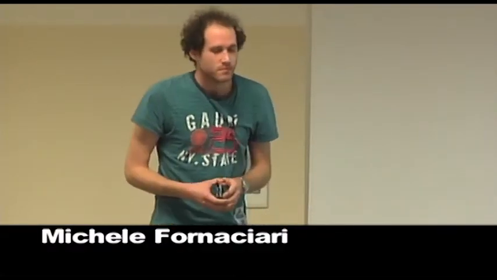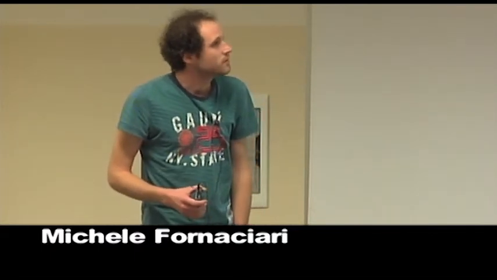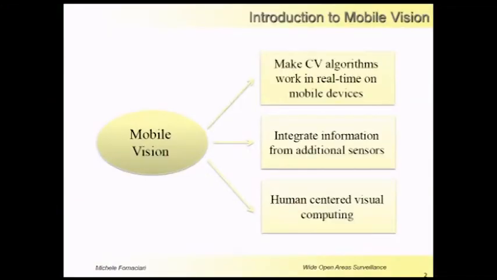During the last year of my PhD study, I moved to the field of mobile vision. This is a new field in computer vision, and it started thanks to the diffusion of mobile devices with computational power on board.